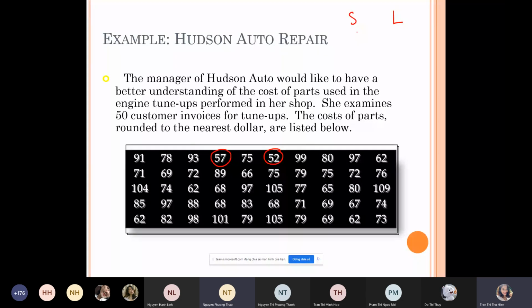So the stem here is 5. And what about the leaves based on stem 5? 2 and 7. Yeah. And next, number 6.